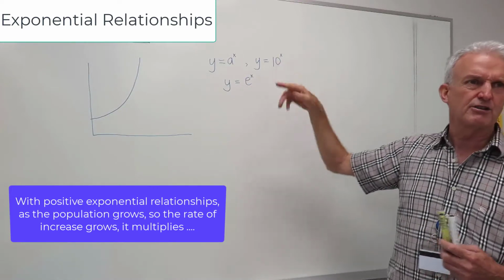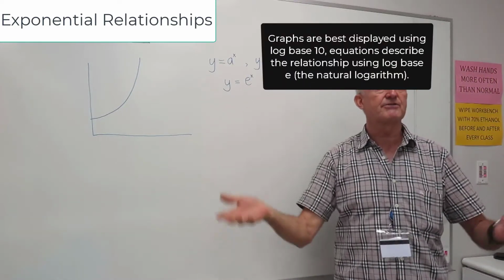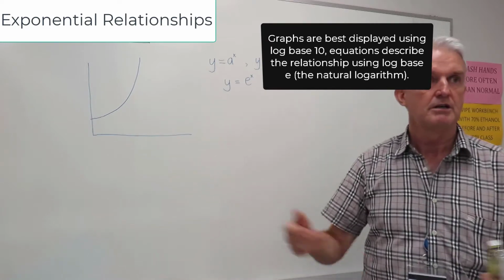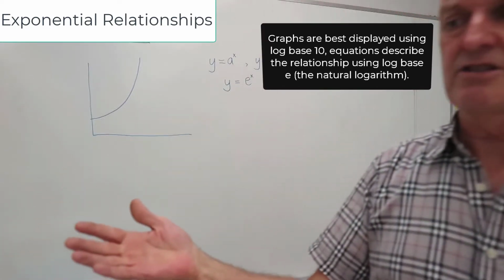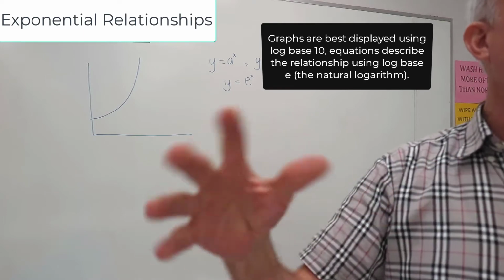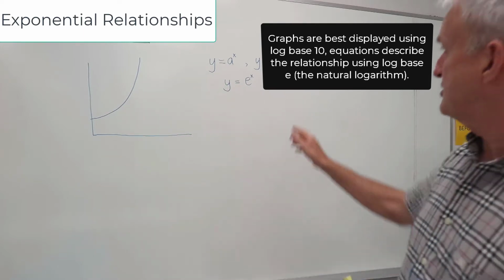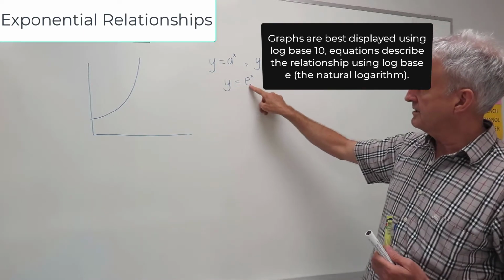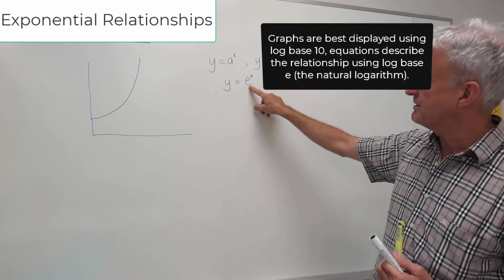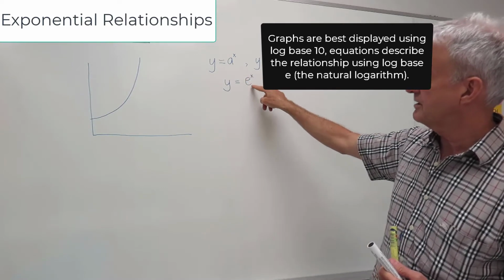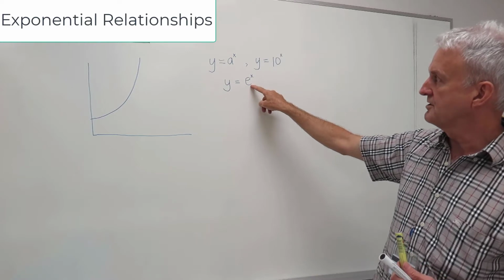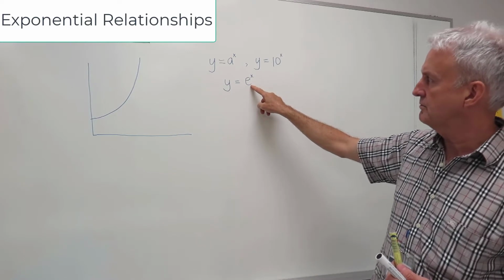10 to the x works well because we're used to the decimal system and powers of 10. So for things like pH, where we're not graphing but just calculating a scale, base 10 works well. But in plotting data and describing exponential relationships, Euler's number e is the best base to work with.